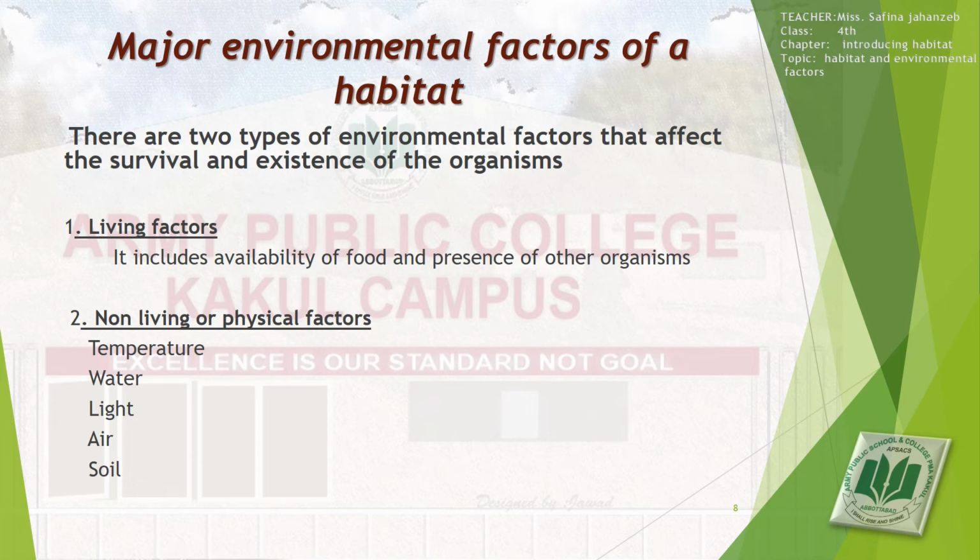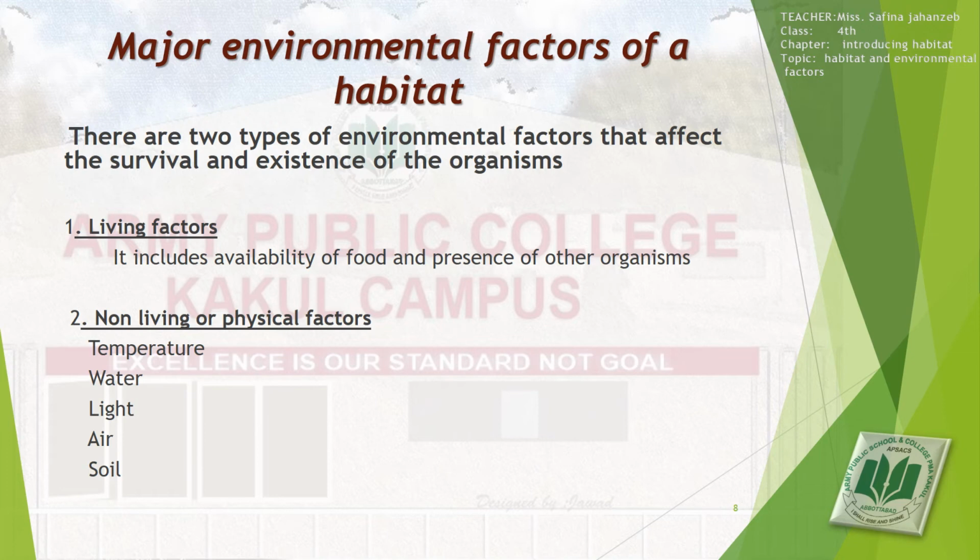The second non-living factor is water. Students, we know water is life. Without the presence of water, life is not possible. For plants, for animals, or for any organism, water is very important.